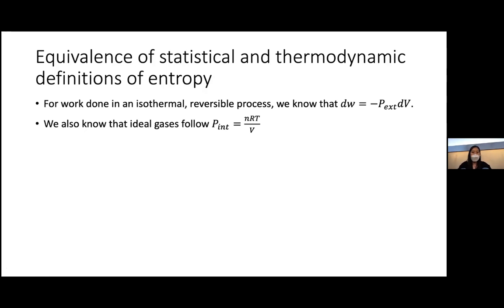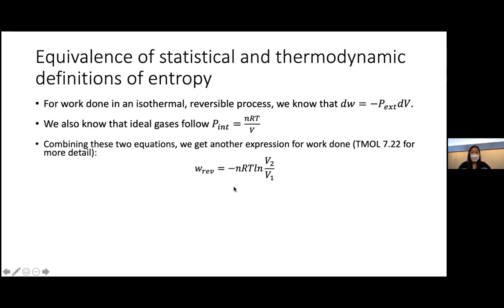And we also have the ideal gas law, which we can apply to internal pressure, which is equal to nRT over volume. Basically, I'm skipping a bunch of math steps for the sake of not confusing you guys too much. But when you combine these two equations, we get this expression for the amount of work done.